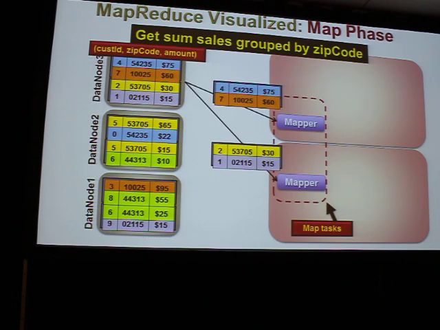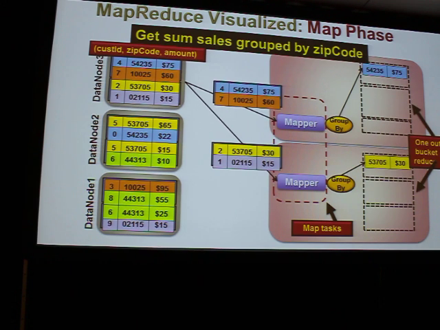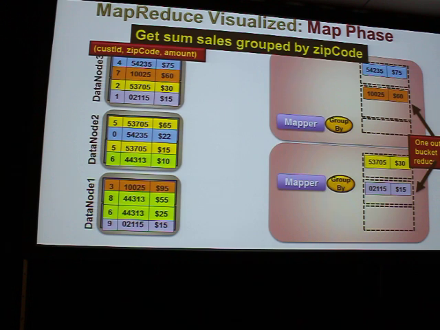So let's go and do this. The mapper is going to talk to the first block on data node 3, and the second mapper talks to data block number 2. It gets the information, feeds it in, and writes the outputs to the local disk. We only see one bucket.